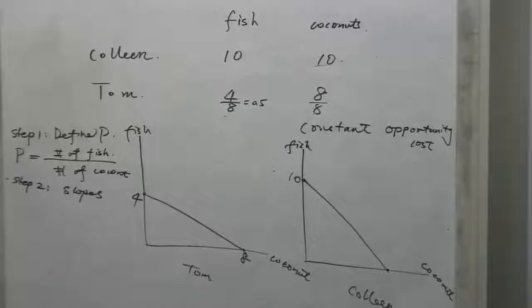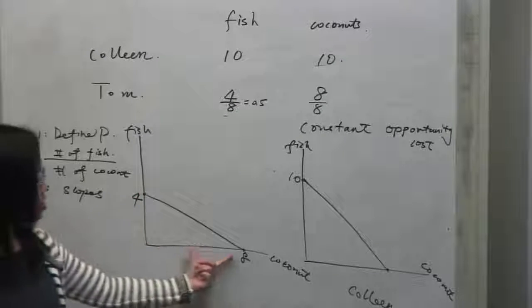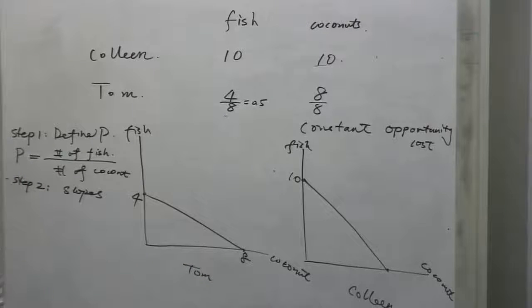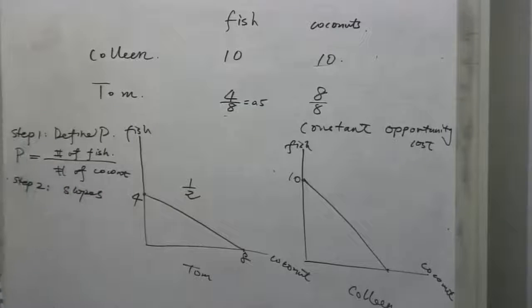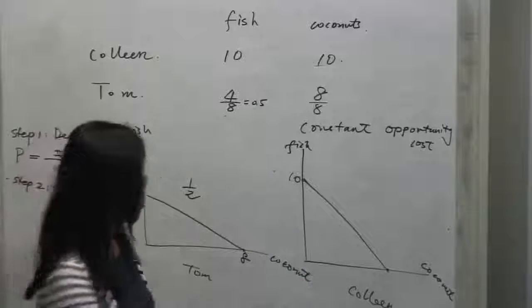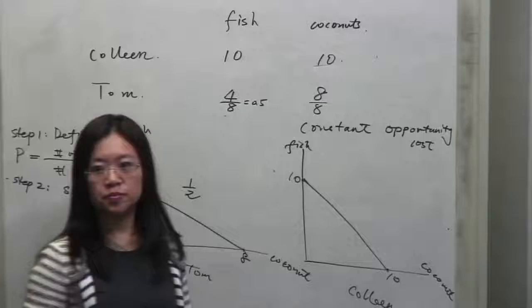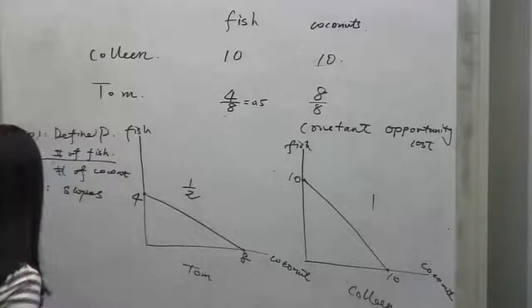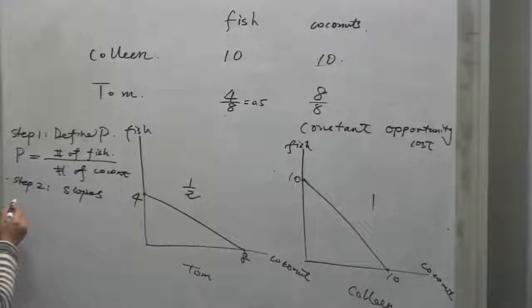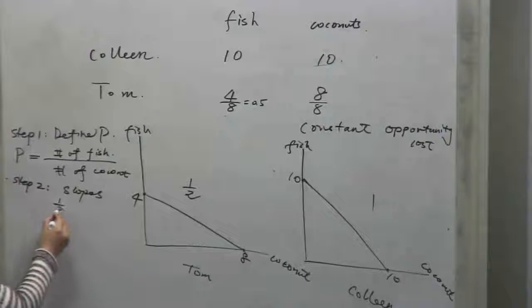Slope is equal to this distance divided by this distance. So the slope here is half. And how about the slope here? 1. That's equal to 1. And after you find the slopes, which are half and 1, you write them here.